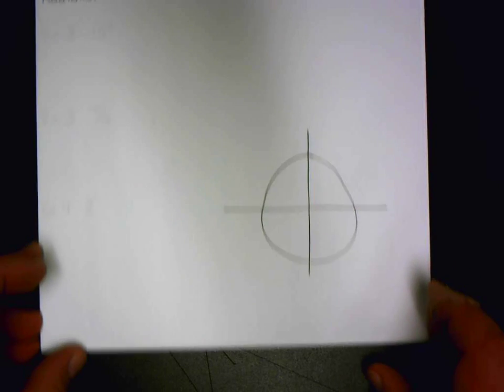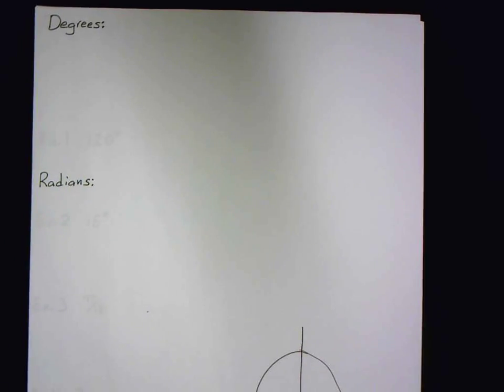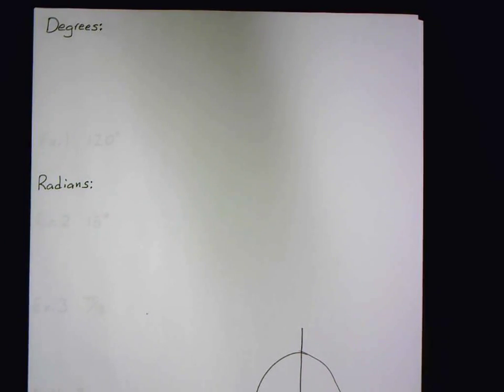Okay, we have two ways of measuring angles, degrees and radians. Degrees is used the most, but it's kind of arbitrary. What's arbitrary? Arbitrary means it was kind of randomly made up. Radians actually has meaning behind it, but it's not used very much.